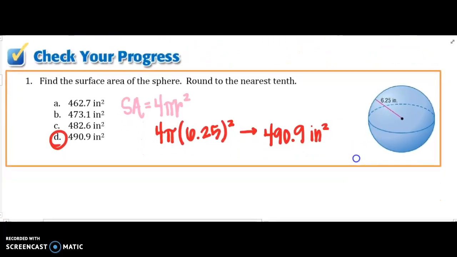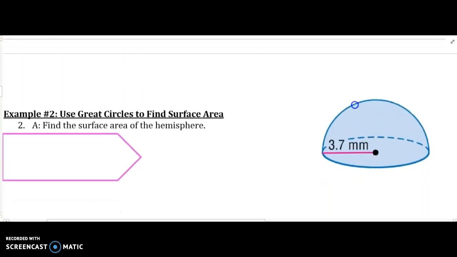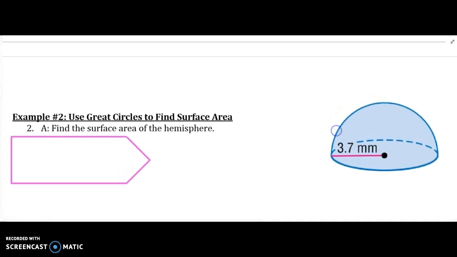There is your answer. All right, what if we needed to find the surface area of a hemisphere? What do you think that formula would be? The surface area of the entire sphere is 4 pi r squared.